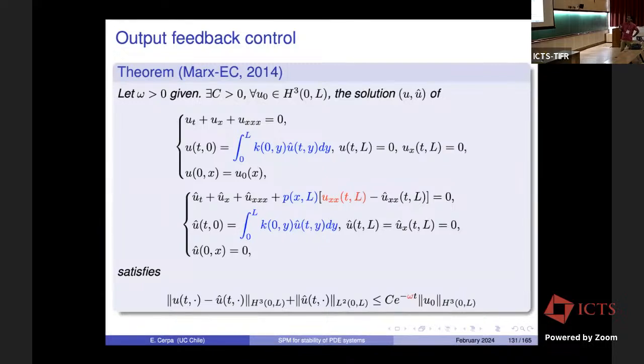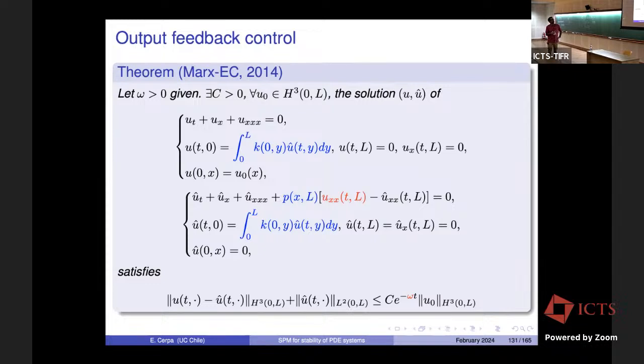So for any parameter omega, there exists some constant such that for any initial data now in H3, the solution of the system, where in blue is the control, depending on U hat.